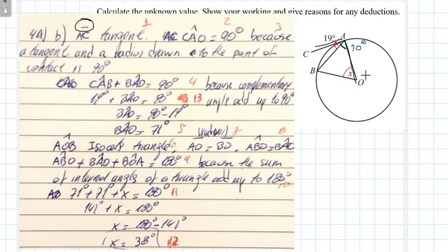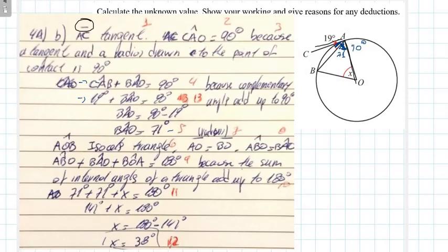Now what you have to say is that this angle 19 plus this angle over here, BAO, these two angles equal 90 degrees, because complementary angles add up to 90 degrees. You write the equation, the relation. Then you replace the values and solve for BOE. So this angle is 71.